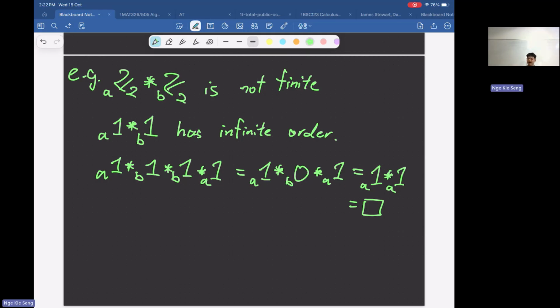But imagine I can write 1A and 1B alternatingly such that they cannot cancel each other, then this guy will have infinite order. You won't get to the empty word. So this is the difference between free group, free product and product.